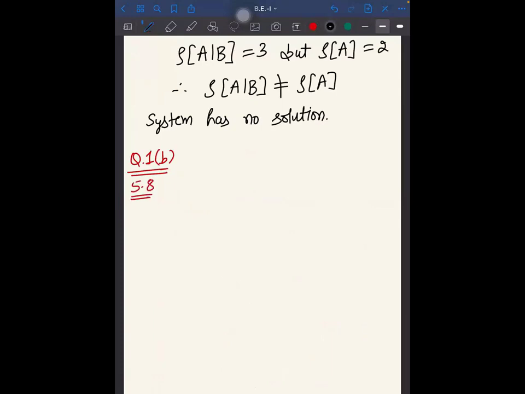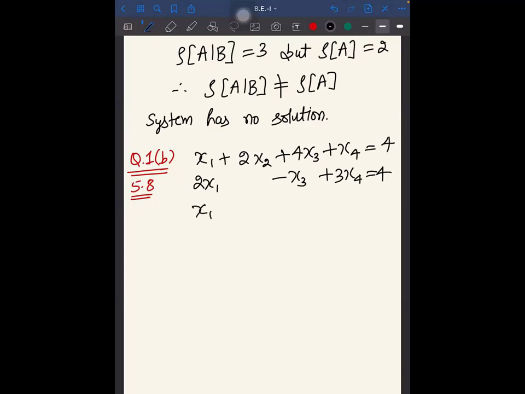So that is x1 plus 2x2 plus 4x3 plus x4 is equal to 4, 2x1 minus x3 plus 3x4 is equal to 4, x1 minus 2x2 minus x3 is equal to 0, 3x1 plus x2 minus x3 minus 5x4 is equal to 7.